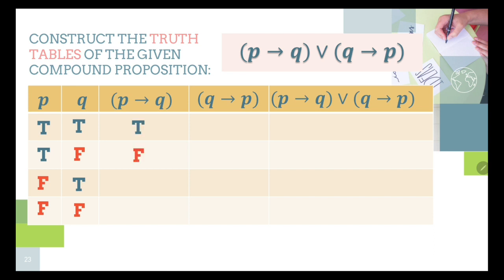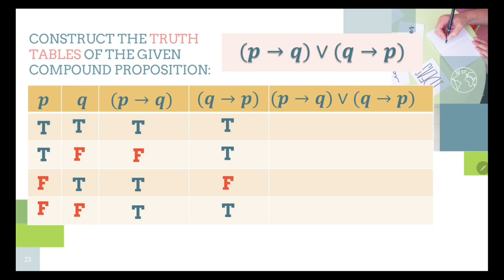True and false, it's false. False, true, it's true. And if they are both false, true. Next, if Q then P. This time, the only time it will become false is when your Q is true and your P is false. So true, then this time it's true, false.